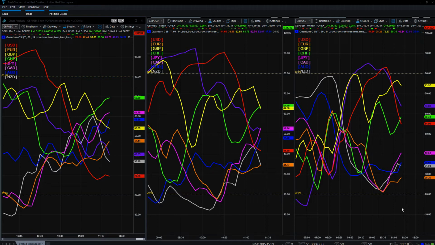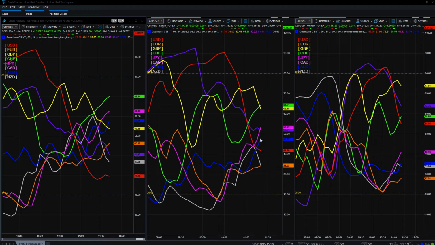But in addition to that, it will also tell you which currency pairs to perhaps not consider for the time being. And the reason for that is very simple. When you actually consider the direction of the currencies and how they're moving. So for example, if we look at this 5-minute time frame here, you can see that we have the Japanese yen here is climbing. It's climbing with the Aussie dollar.